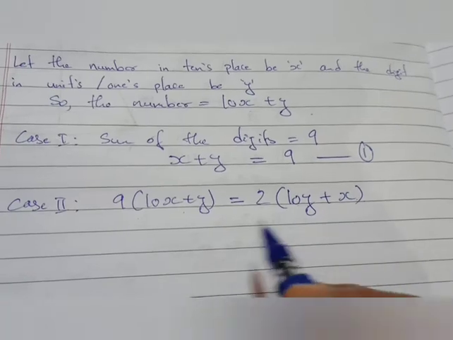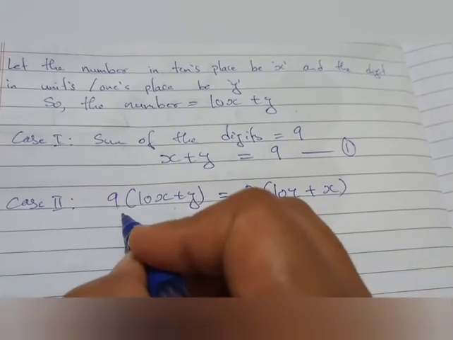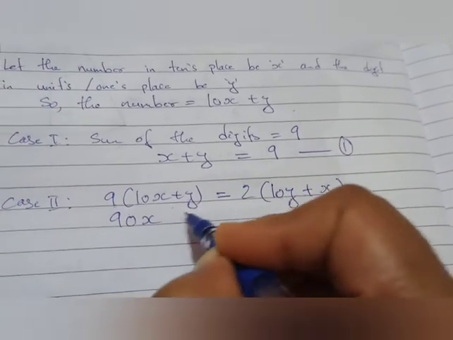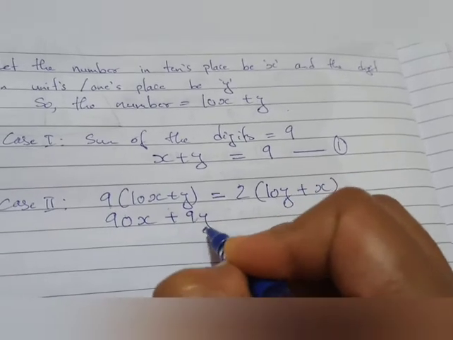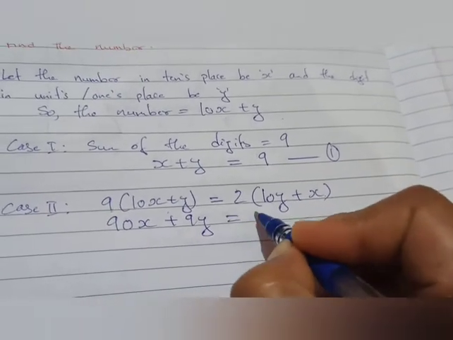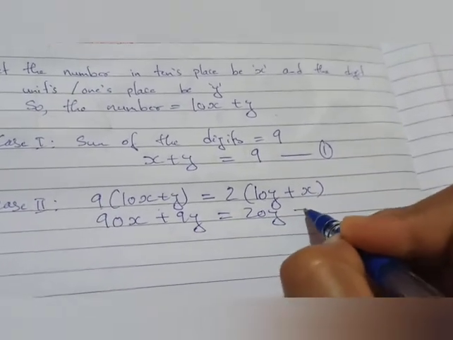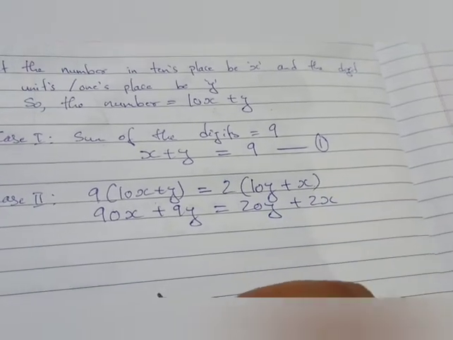Now let's simplify in order to get the second equation. 9 times 10x will be 90x, 9 into y is 9y, 2 times 10y are 20y, plus 2 into x is 2x.